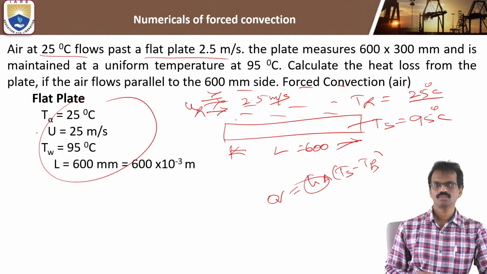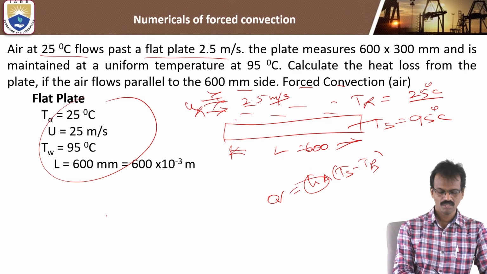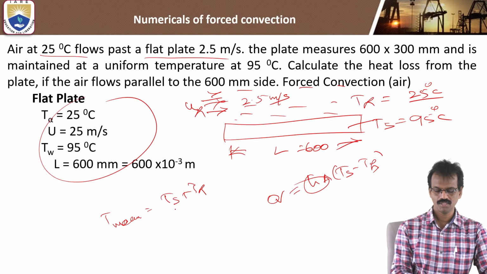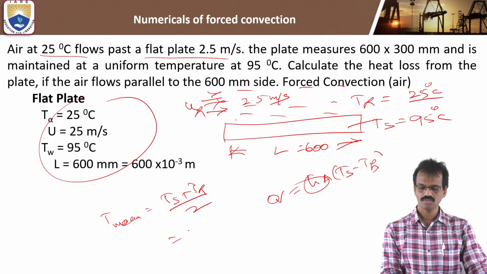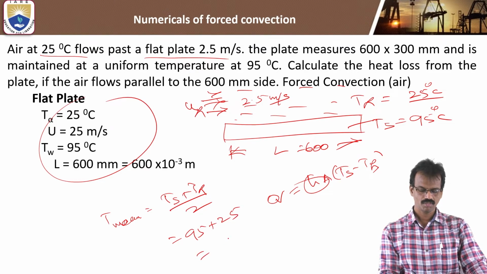Then you have to find the T mean. T mean is equal to Ts plus T infinity by 2, that is 95 plus 25, which is 120. 120 by 2 is equal to 60.